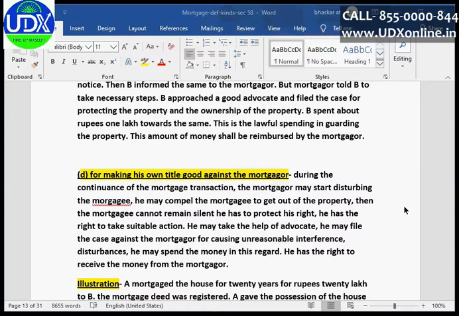Then the owner gave the possession of the property to that boy, that engineering student. And gradually, after 1 year, the owner starts making one or the other quarrel with that boy, with that student.